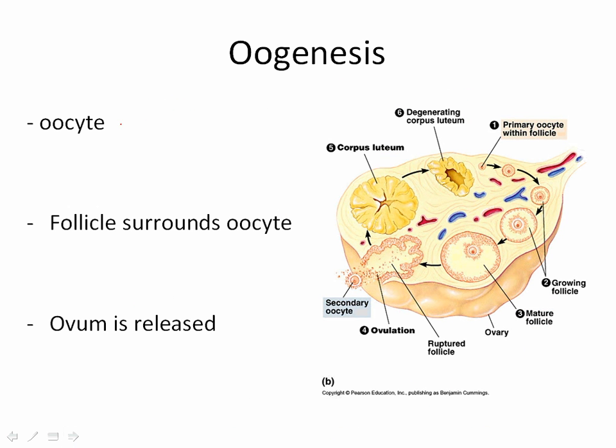So we have our oocyte. This is going to be our immature egg, or ova. This is going to be surrounded by a follicle, and then the follicle is going to mature to a Graafian follicle.